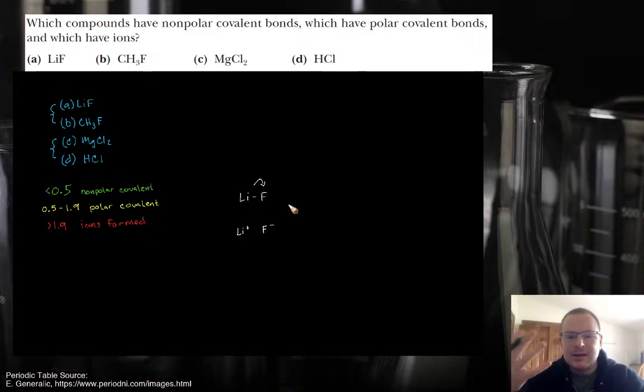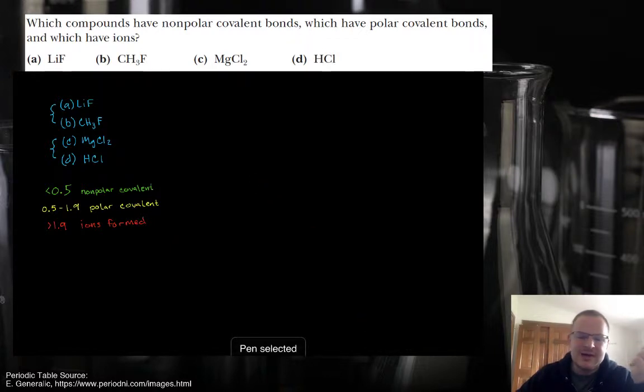When it's in its solid form, these ions pack together and form crystals, and when it's dissolved in something, the ions just float around in solution. But the way that we know this is by looking at their electronegativity, because it is electronegativity in the end that determines how different bonds are made.